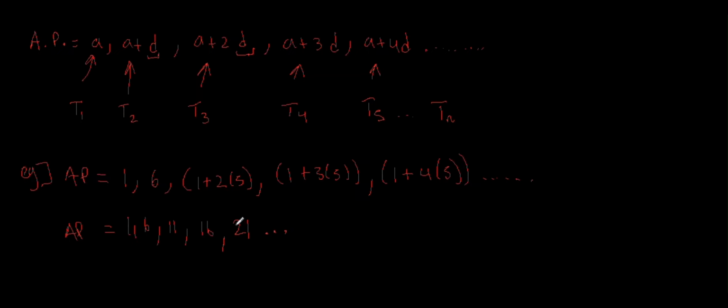Now, I can't really remember off the top of my head, but you just have to know the general formula of a sequence. So let's look at this pattern here. From here to here is add 5.